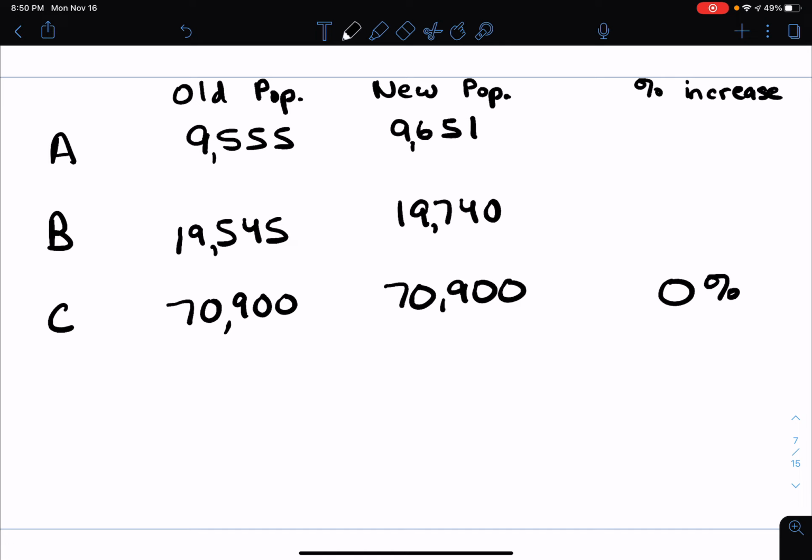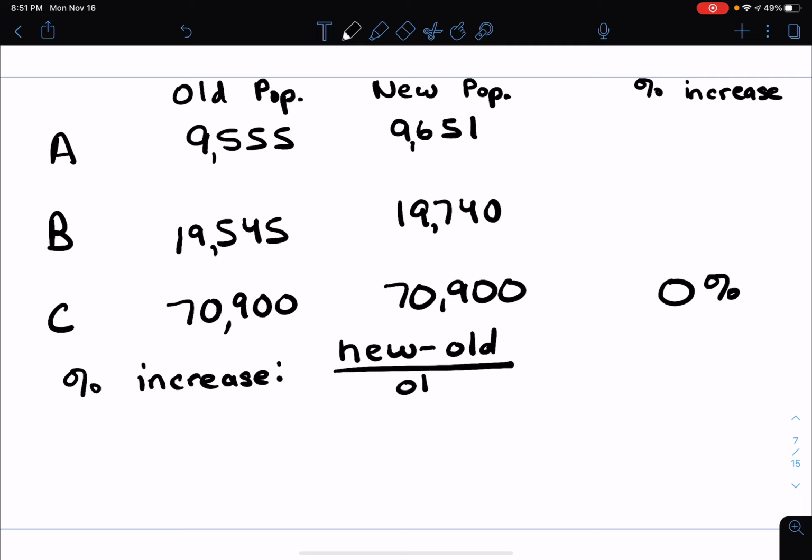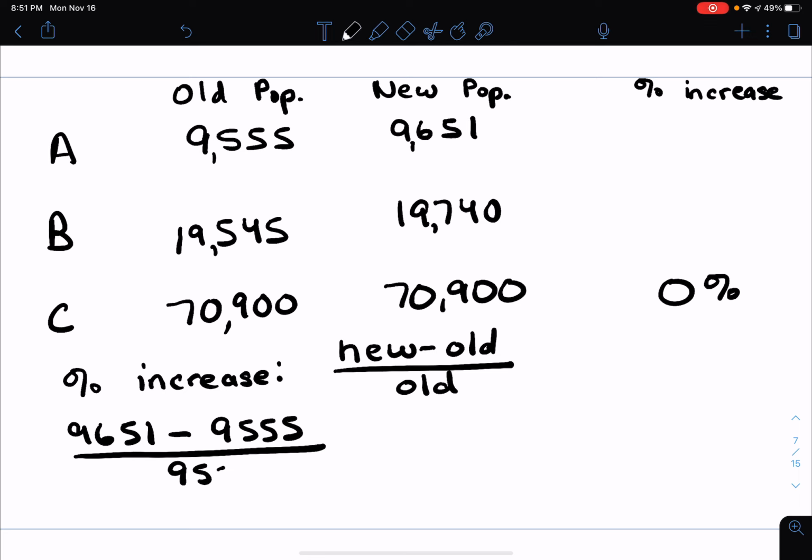To get your percent increase, same idea with percent decrease: new population minus old, divided by old, and then change to a percent. So for state A, you got 9651 minus 9555, and you would divide by 9555.